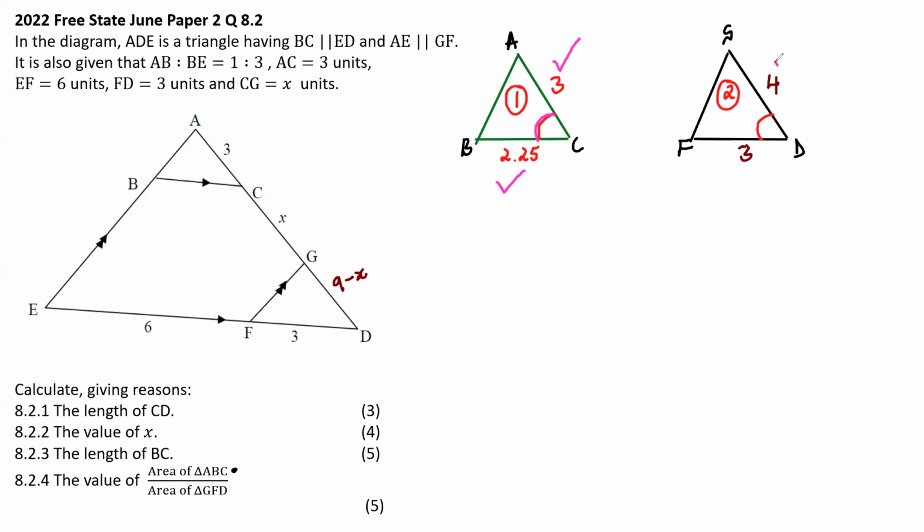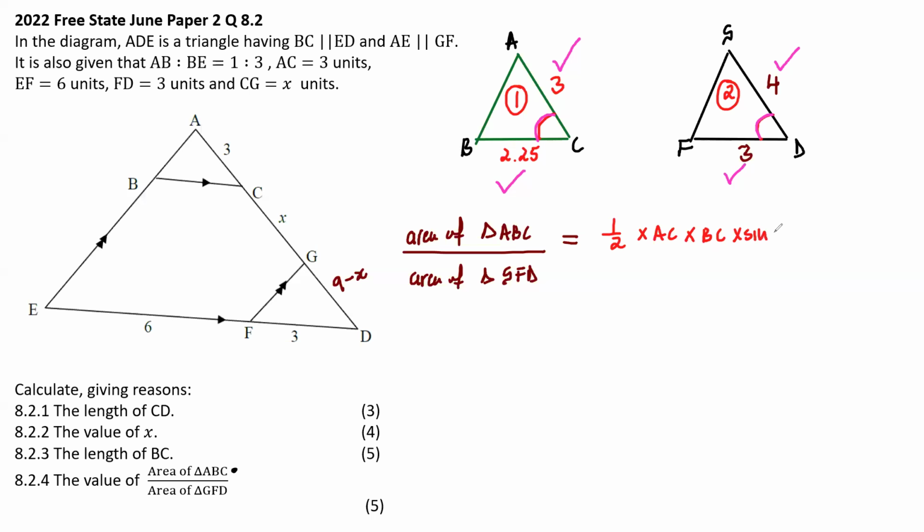Then the area rule says the area of triangle ABC over the area of triangle GFD is equal to half times the side AC, I'm on the first triangle, times the side BC, times the sine of the angle in between.